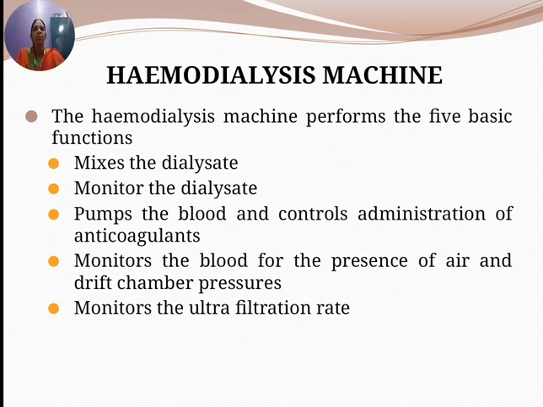The 5 basic functions performed by the hemodialysis machine are: it mixes the dialysate, it monitors the dialysate, it pumps the blood and controls administration of anticoagulants, it monitors the blood for presence of air and chamber pressures, and it monitors the ultrafiltration rate.